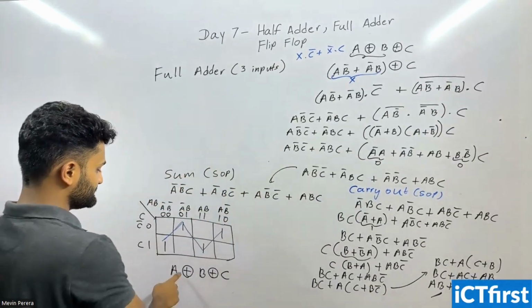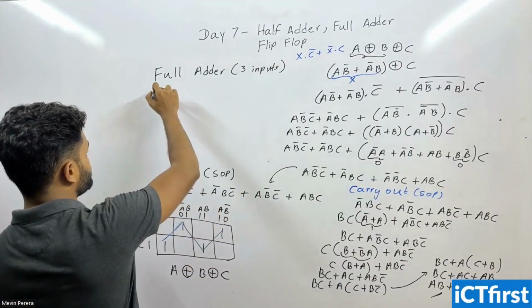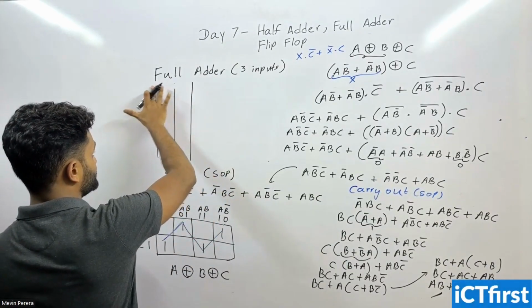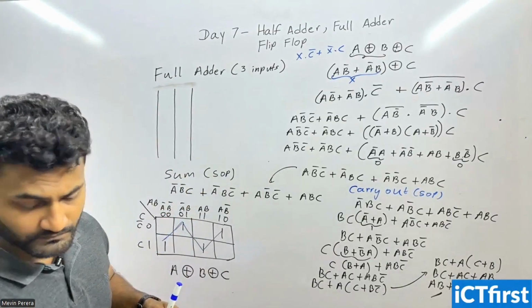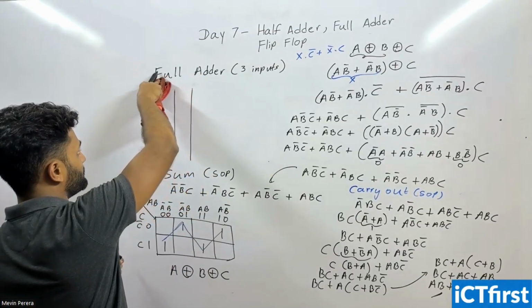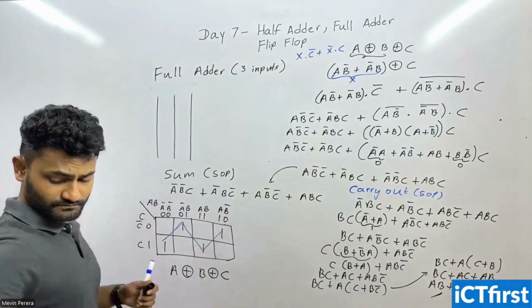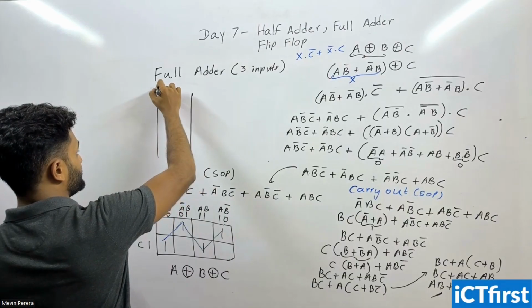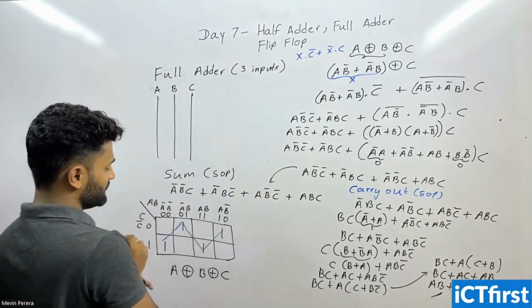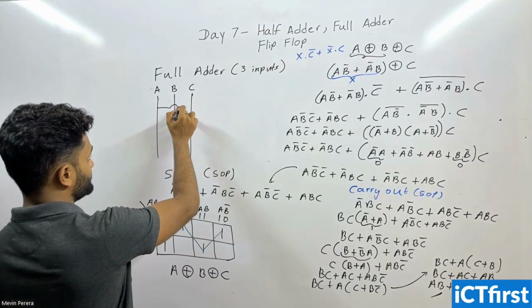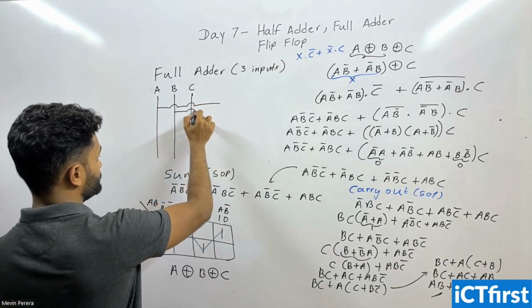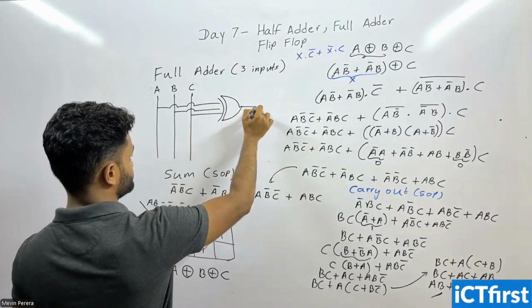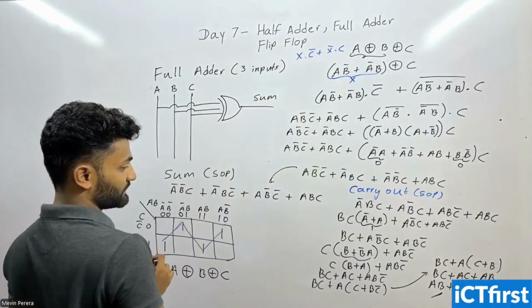Now what has happened is there are three inputs which are A, B, and C. All three of them are going through an XOR, so we can draw that one. So this is the sum, okay.